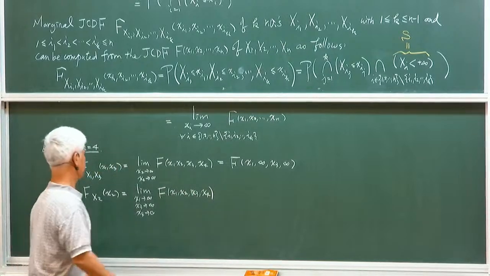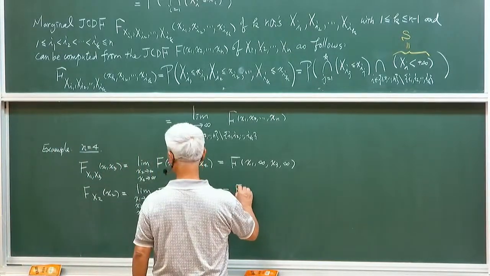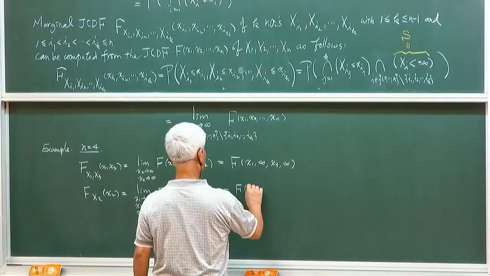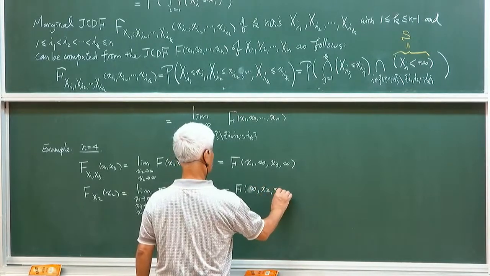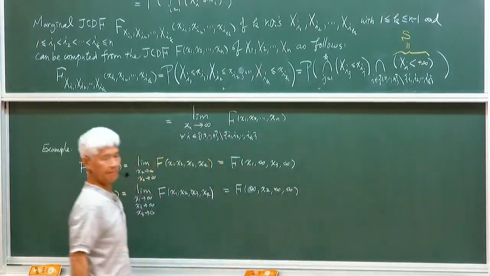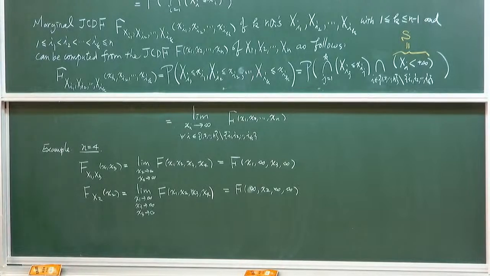And so this is F of infinity, x2, infinity, infinity. Okay. Any questions?